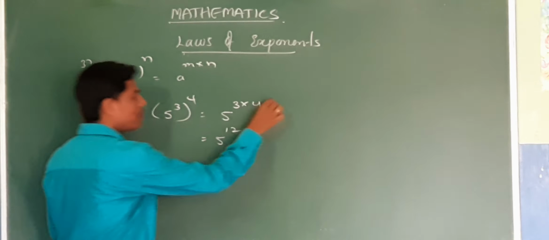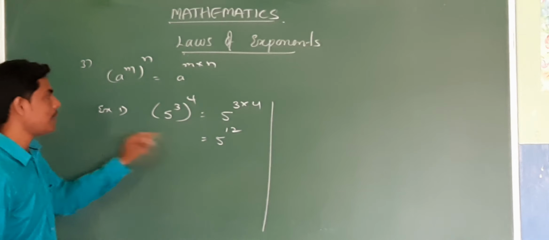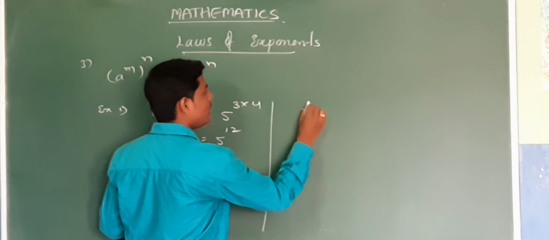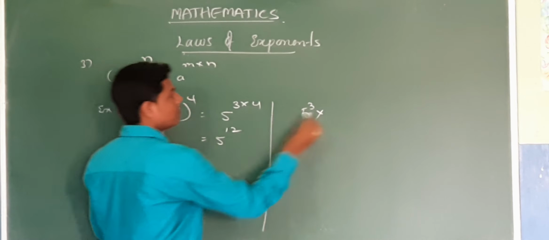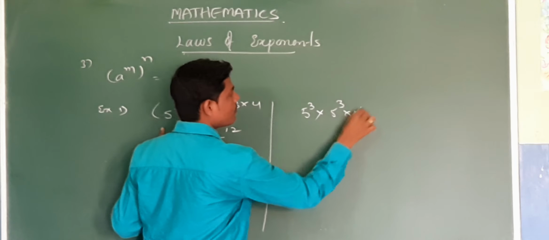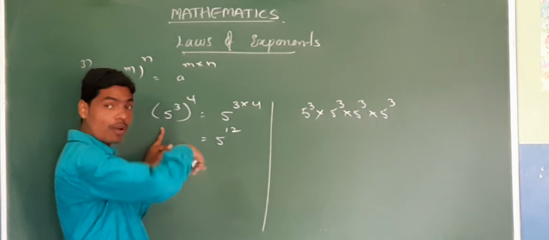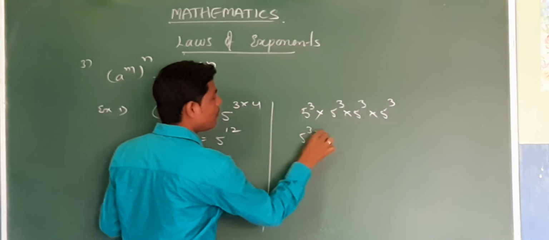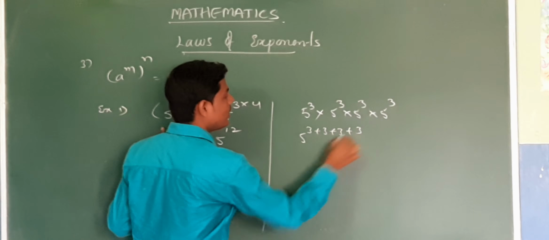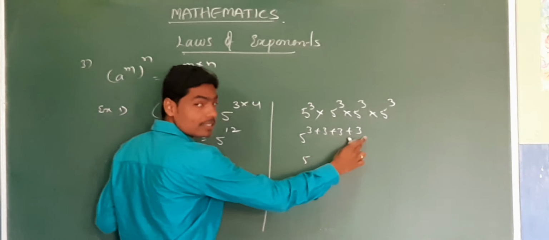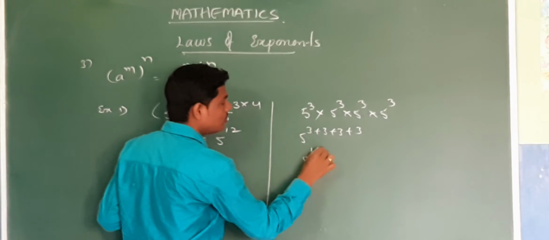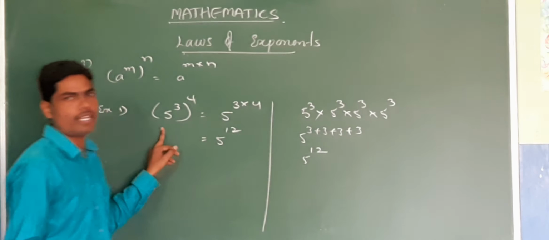Once we check this formula by the usual multiplication. 5 to the power of 3, you should take 4 times: 5 to the power of 3, 5 to the power of 3, 5 to the power of 3. So apply the first formula, 5 to the power of 3 plus 3 plus 3 plus 3. So 3 plus 3 plus 3 plus 3, four times, that is 12. We got the same thing.